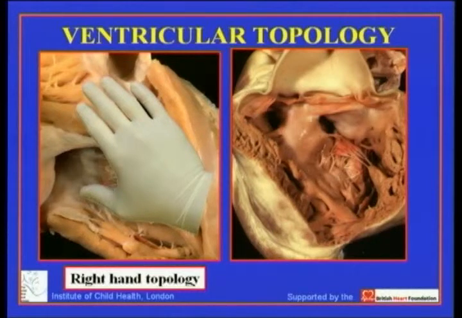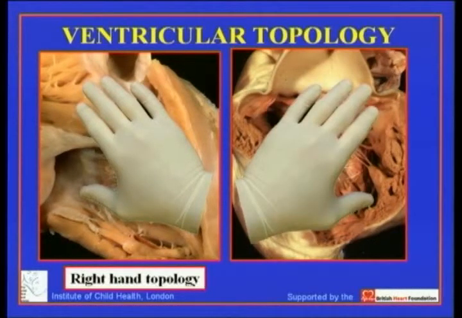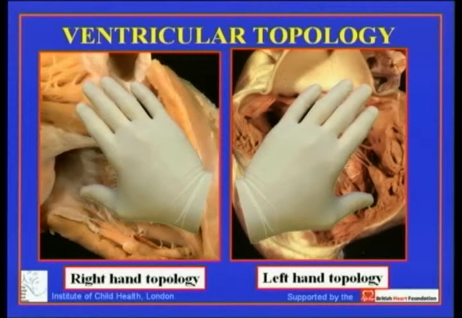And I hope you will all now see that the only hand that will go on the septal surface of this ventricle is the left hand, because the essence of congenitally corrected transposition is that there is mirror imagery of the ventricular mass in the setting of usual atrial arrangement. And again, no matter how you turn this ventricle, you will only ever get your left hand on the septal surface, with the thumb in the tricuspid valve and the fingers up the outlet. So that is left hand topology.